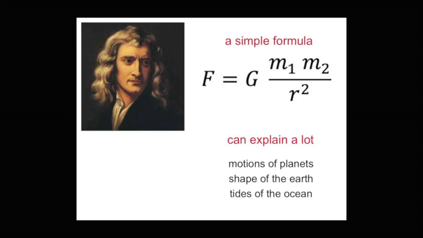In fact, sometimes very simple equations like Newton's law of gravity can have very far-reaching consequences. This very simple equation explains the motion of the planets across the sky, the shape of the Earth, it's a little fatter around the equator, and tides in the ocean.